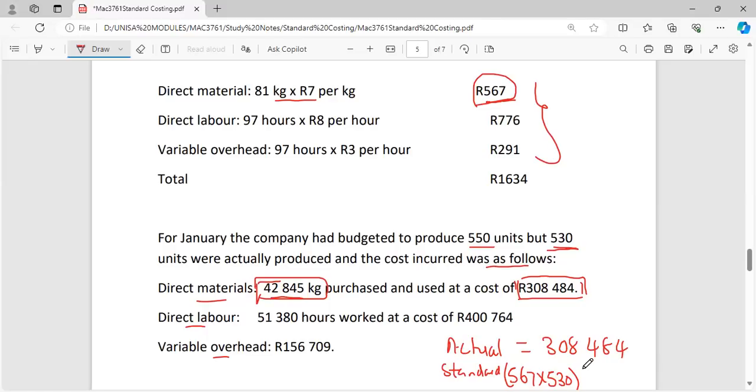It's 300,510. If we get the difference between these two, I think they should give us that variance that we got. If we minus the two, 308,484 minus 300,510.